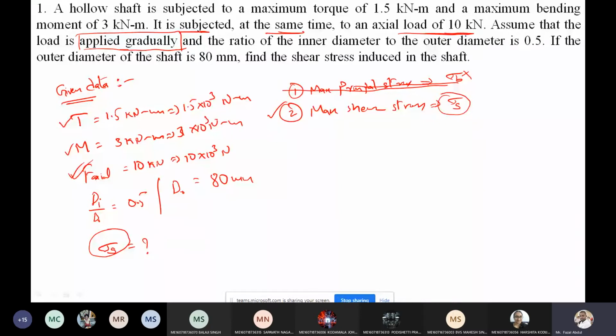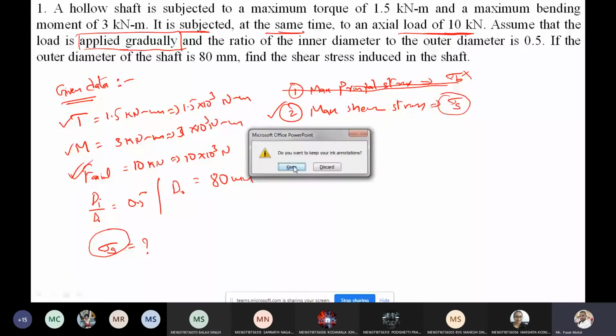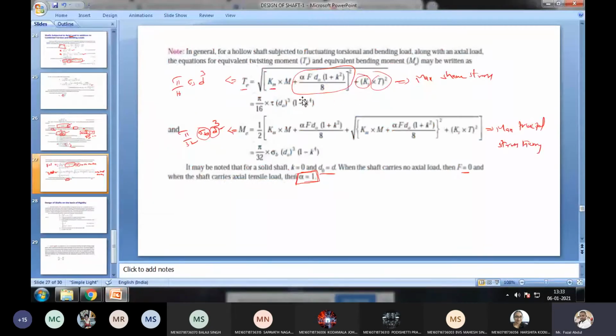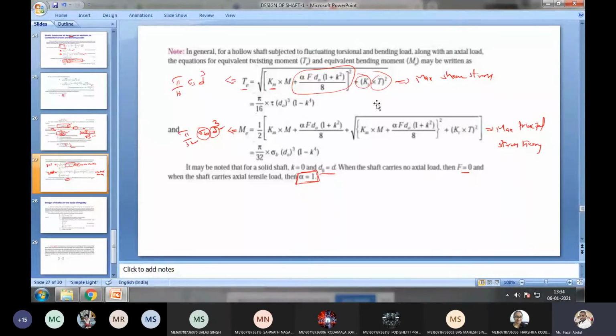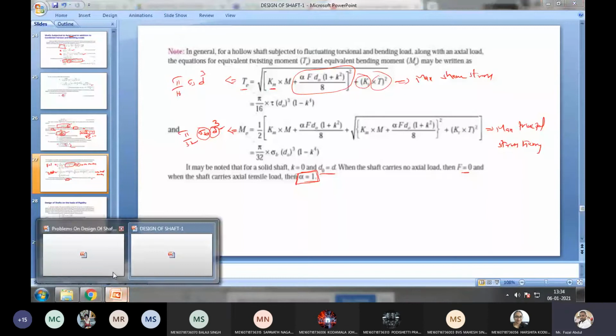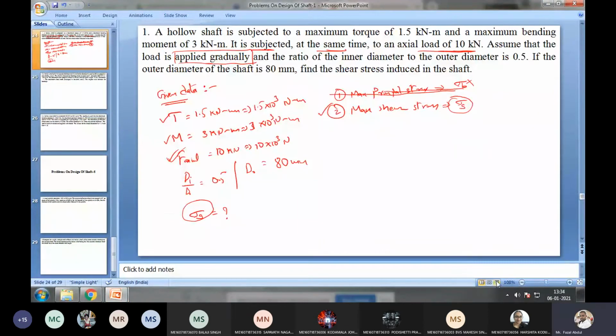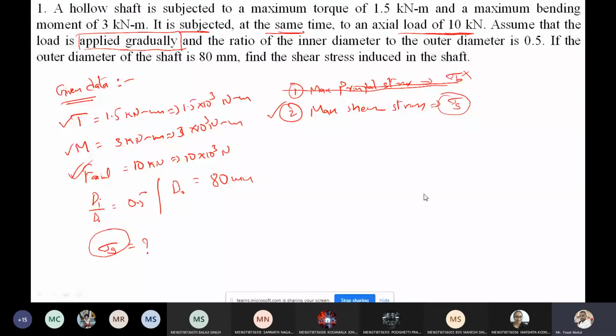See the equivalent torque: Te equals square root of [Km into M plus alpha into F into d naught into (1 plus k squared) by 8] whole squared plus [Kt into T] whole squared. I am writing the equation.